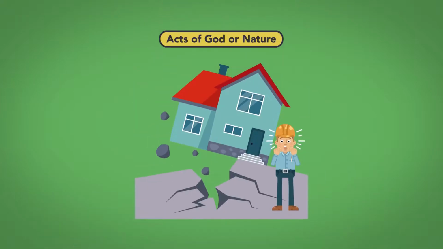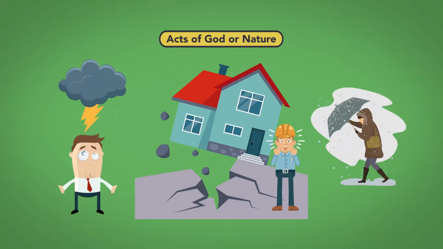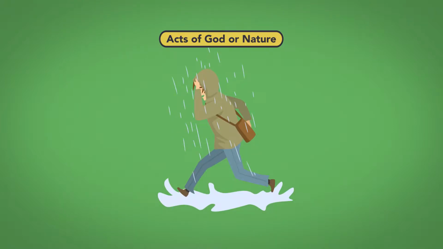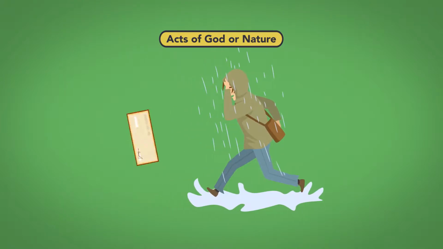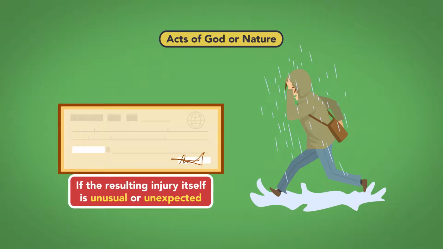Acts of God or nature are often subject to particular rules as well. These acts usually involve particular climatic conditions that are sudden or unexpected, including lightning strikes and hail. If the conditions are more common, like a general rainstorm, then the resulting injury may be compensable if the injury itself is unusual or unexpected.